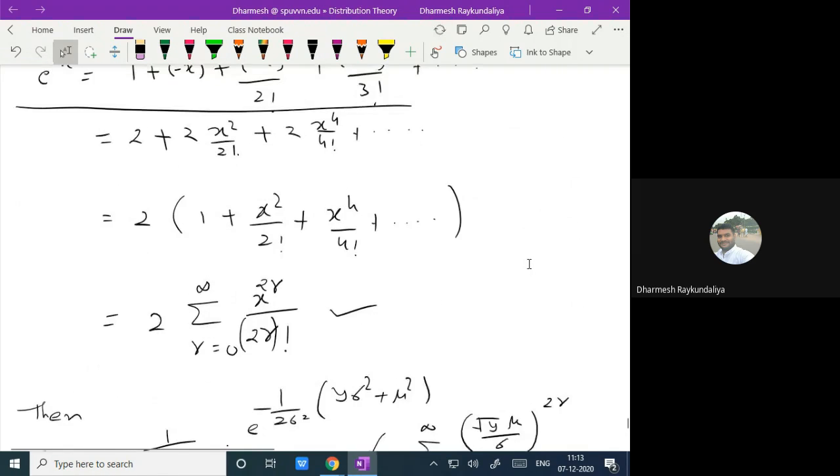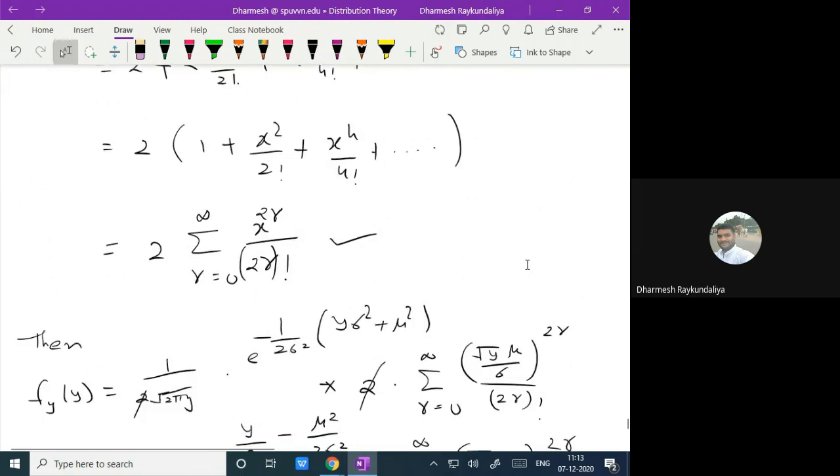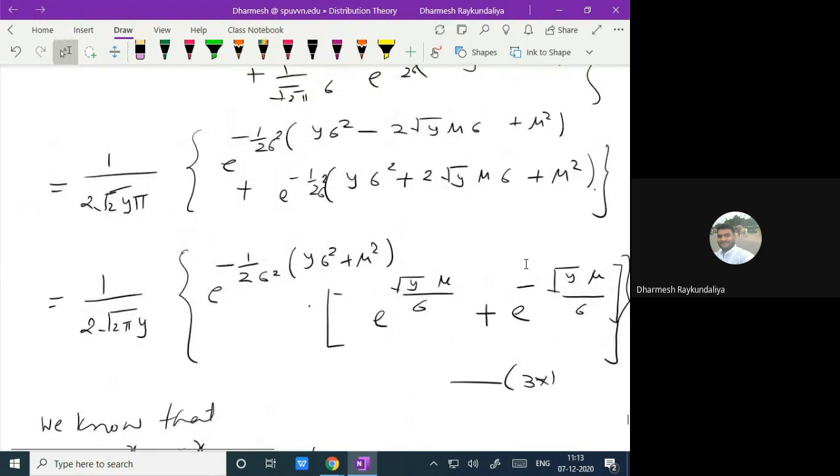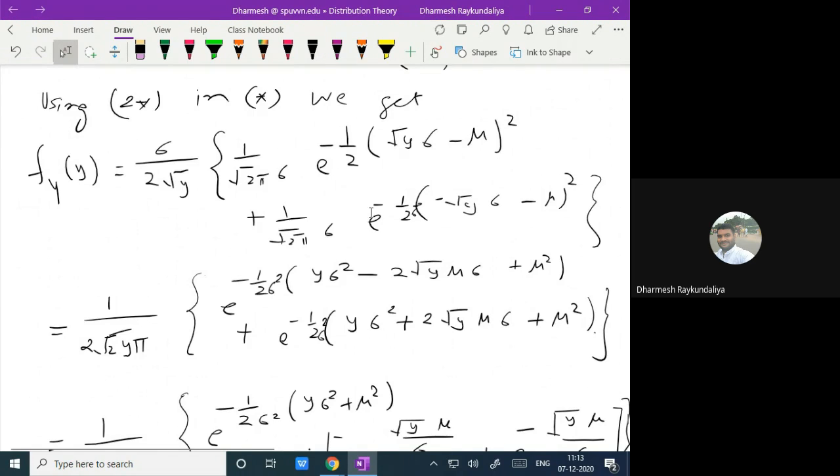This sigma is cancelled out, no? It is here, root y sigma, is twice.